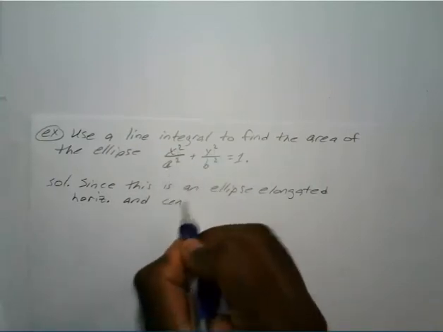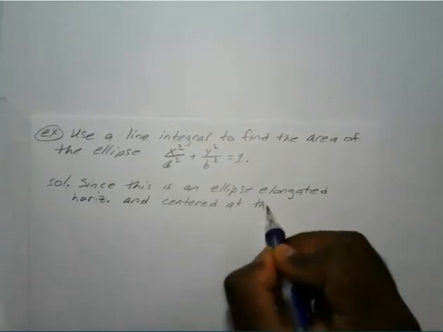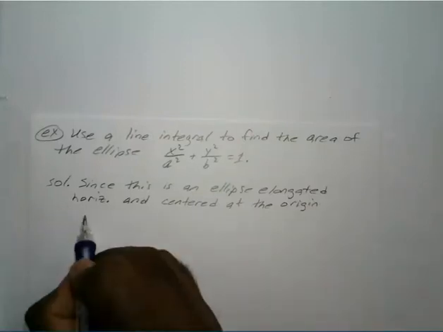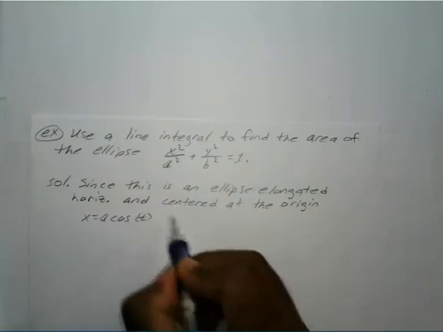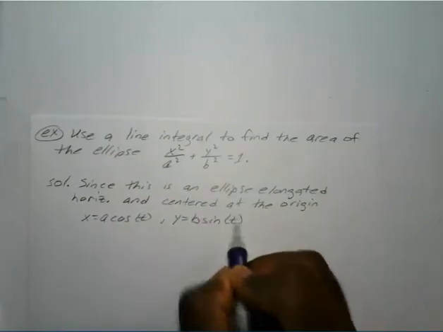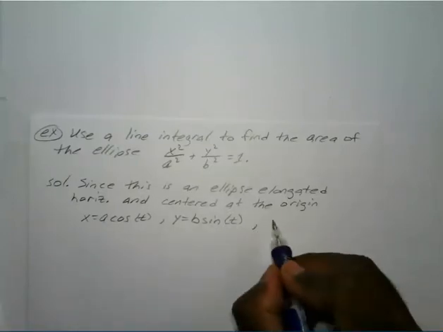So we know it's centered at the origin. We know that x is equal to a cosine t, y equals b sine of t, and of course for an ellipse, it's still going from 0 to 2 pi.